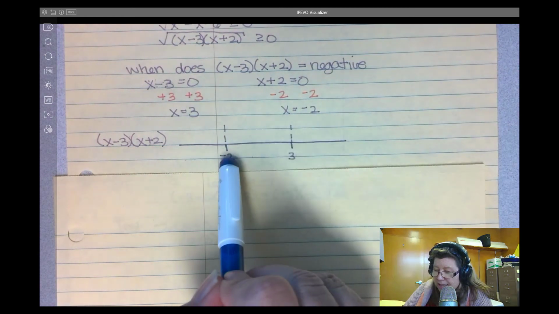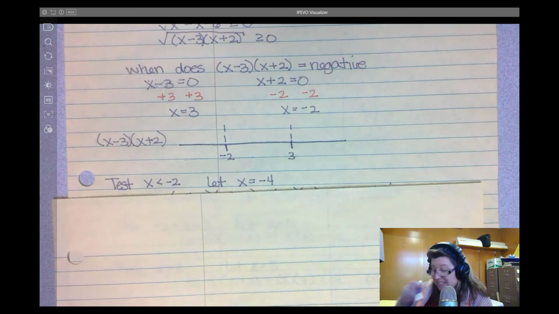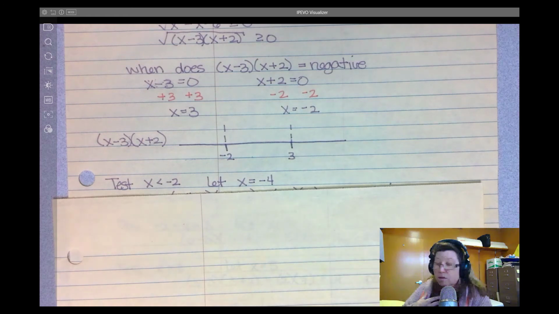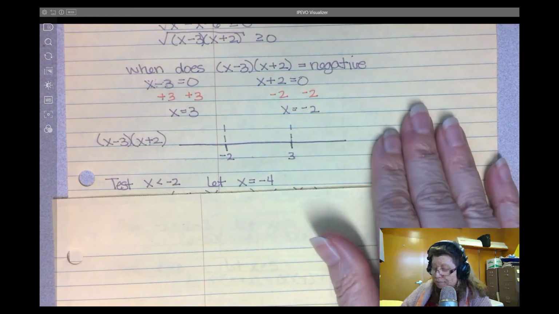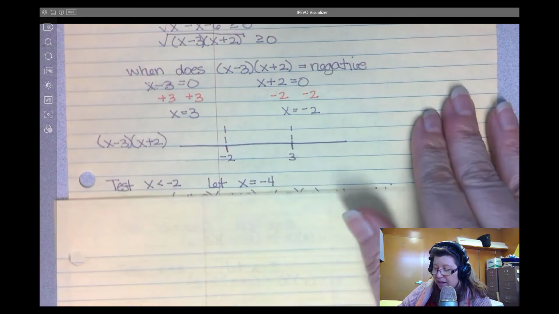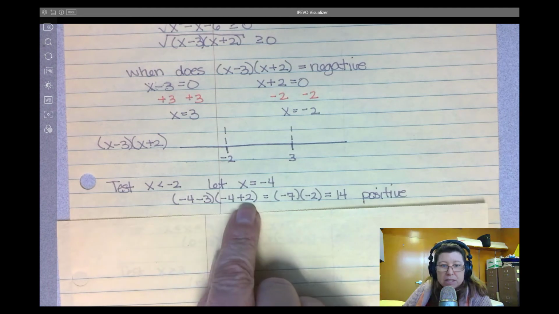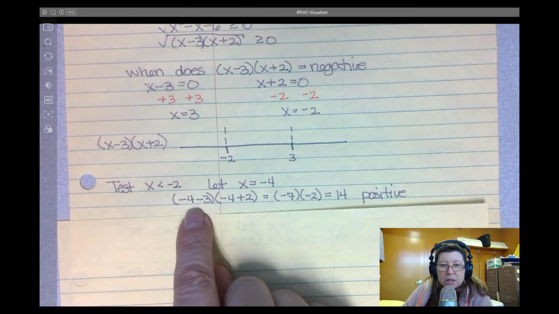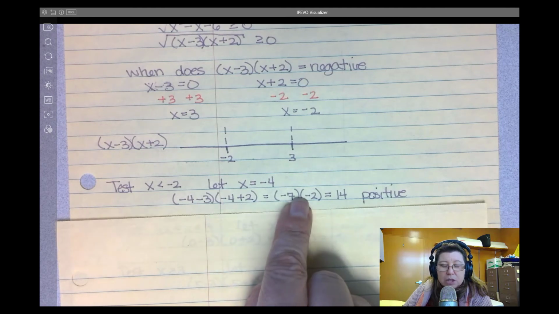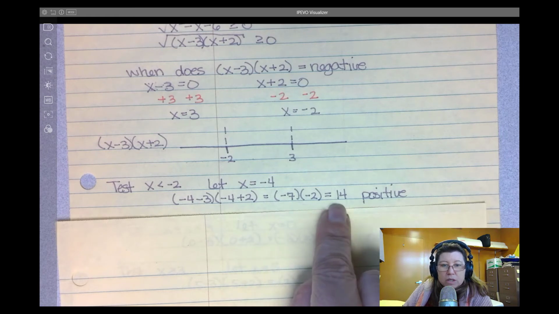First region is anything below -2. Just for argument's sake, I'm going to say x is -4. That's the value I chose; you could have chosen anything else. Wherever there is an x, I'm going to plug in -4. -4 minus 3 times -4 plus 2. -4 minus 3 is -7. -4 plus 2 is -2. -7 times -2 is 14.